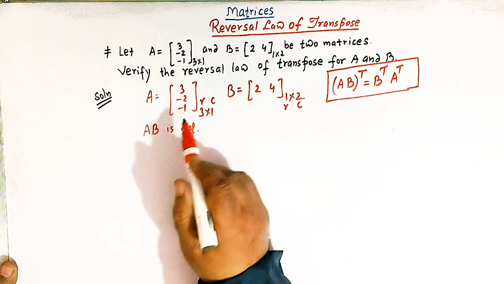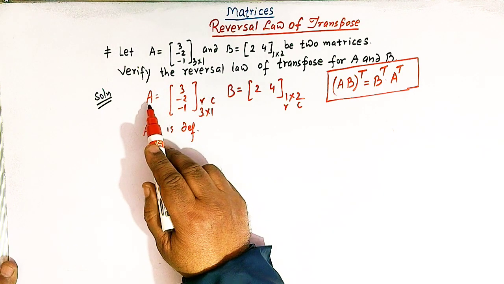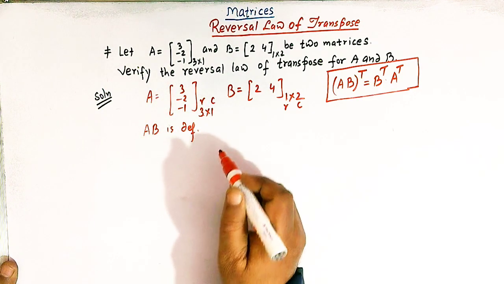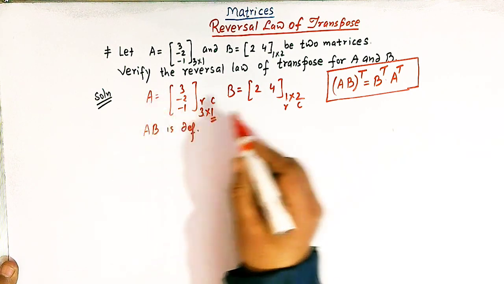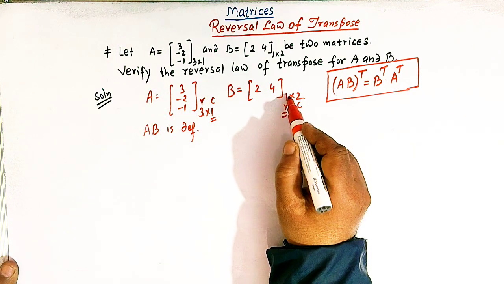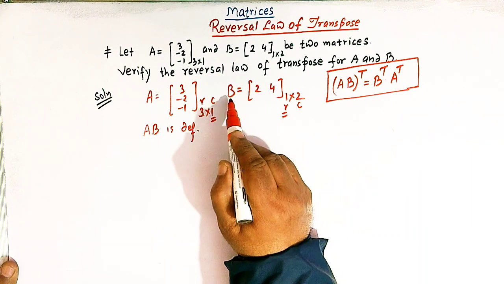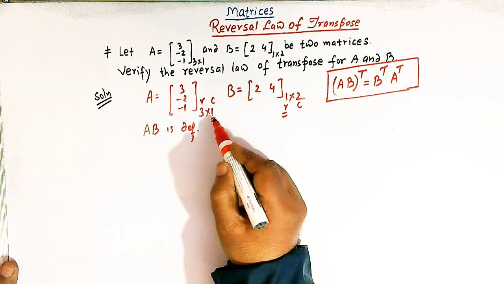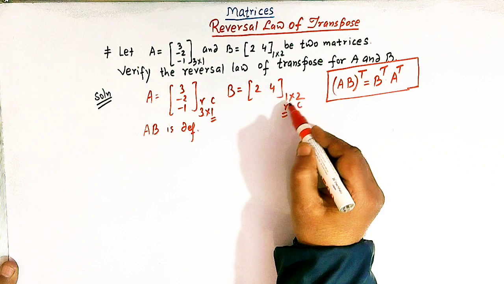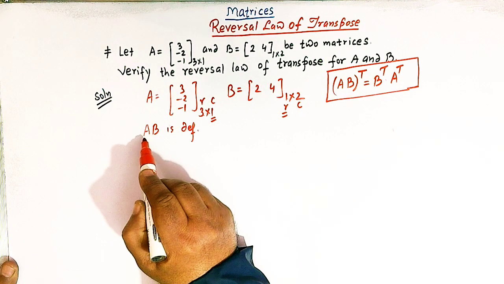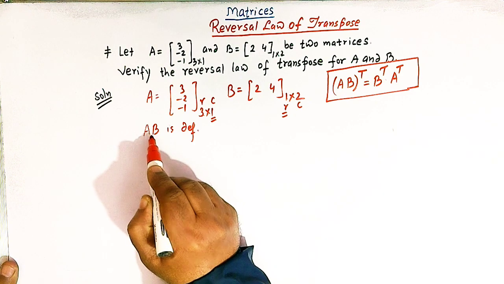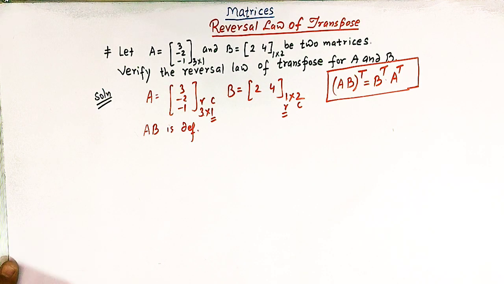And we know that the product of two matrices A and B is defined if the number of columns of matrix A is equal to the number of rows of matrix B. Here the number of columns is 1, and here the number of rows is 1. So the product A times B is defined.